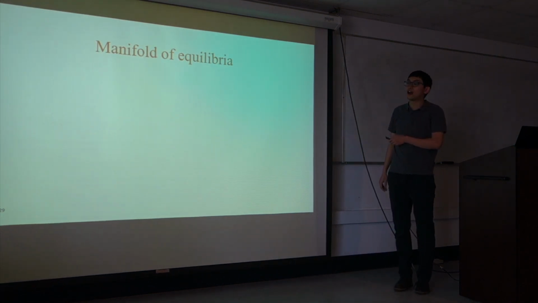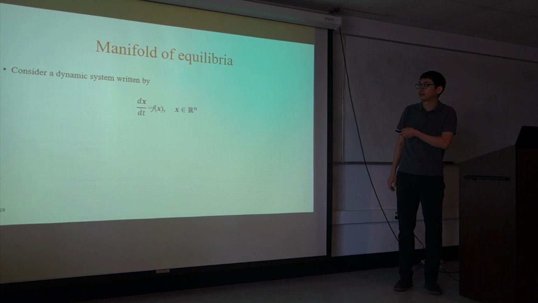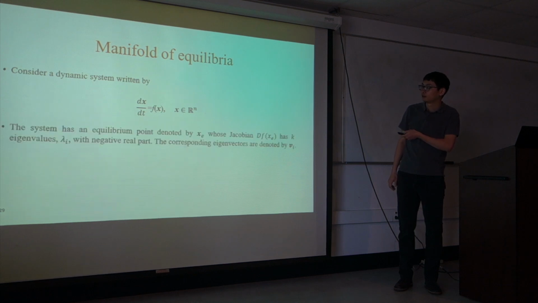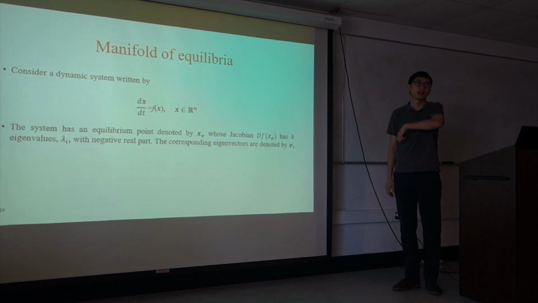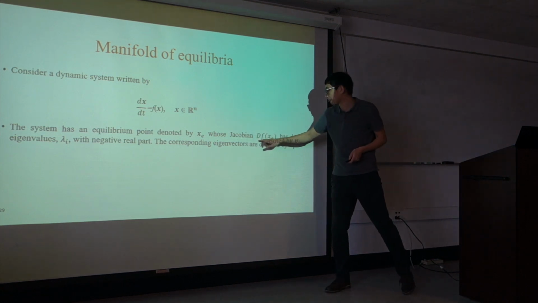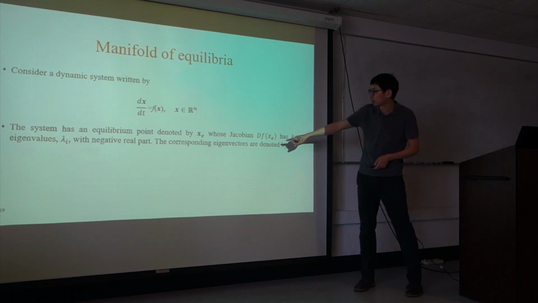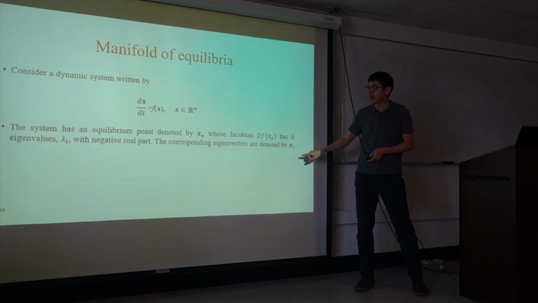For the invariant manifold of the equilibrium point, here it is the rank 1 saddle. I consider the same system. For this system, we denote the equilibrium point as xe. Its Jacobian has k eigenvalues, lambda i, with negative real part, with corresponding eigenvectors denoted by vi.